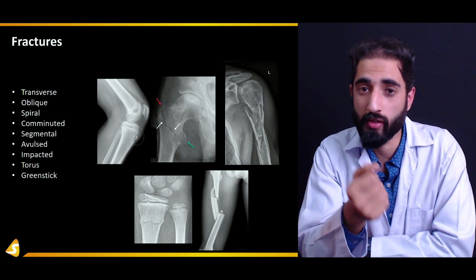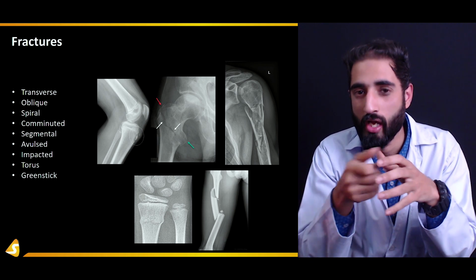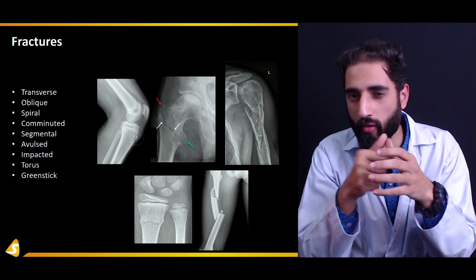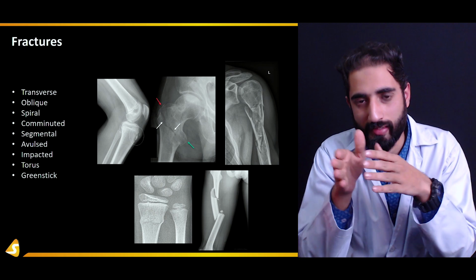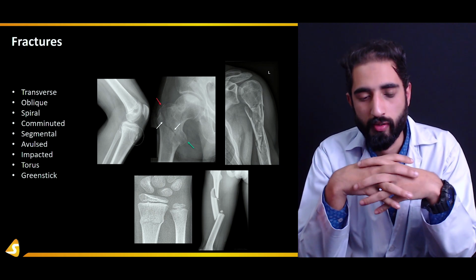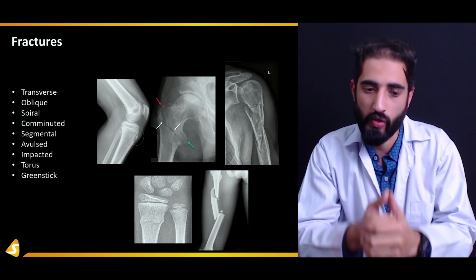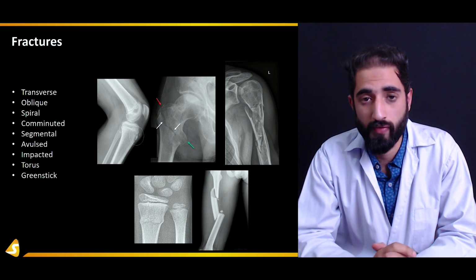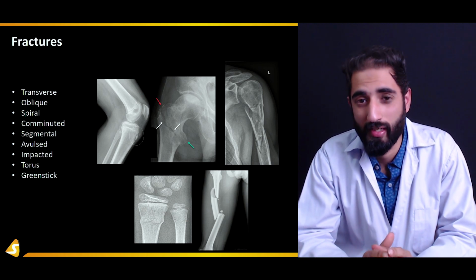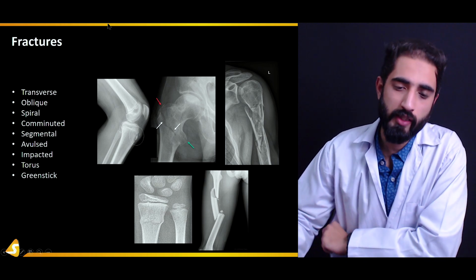And there are avulsion fractures, which occur because of increased muscular action that detaches a part of the bone at its point of insertion, which is the insertion of the muscle. And impacted fractures, which are a sort of compression fracture. And we will also see torus fractures and greenstick fractures, which are more common in children. So let's look at this picture.